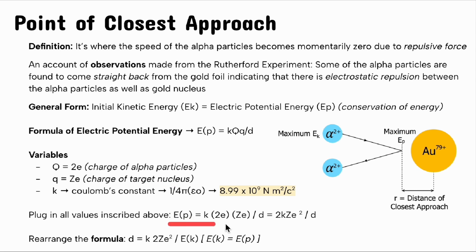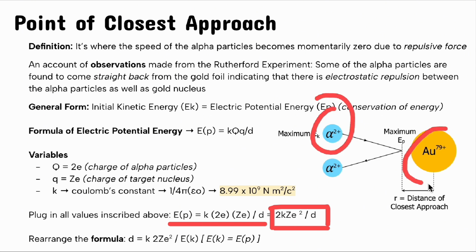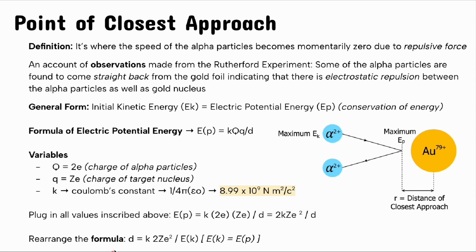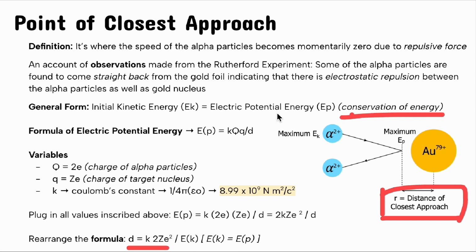When you plug all of the values in, you get the following formula, specifically tailored towards alpha particles traveling towards the gold foil. And when you rearrange the formula, you get this to calculate the distance of closest approach, otherwise known as r. And this is where, as said before, due to the conservation of energy, kinetic energy is equal to electric potential energy.